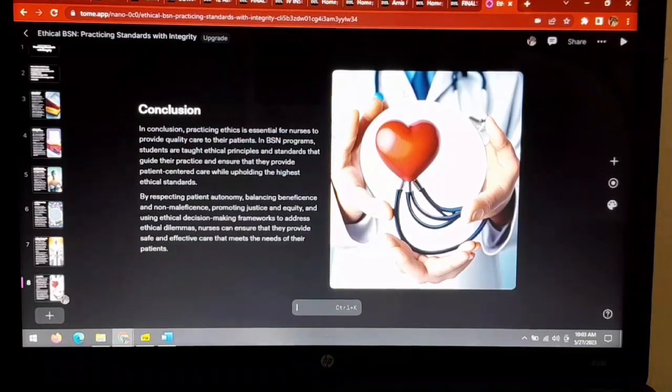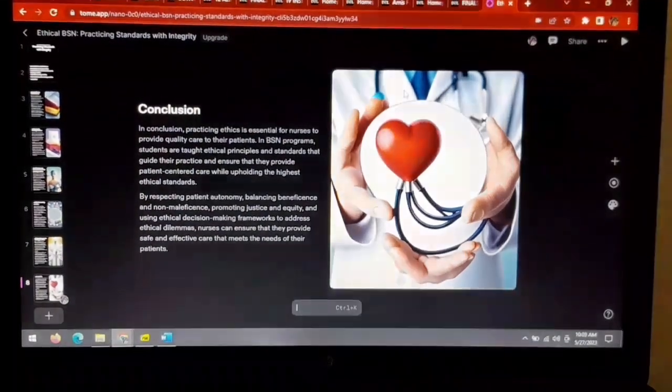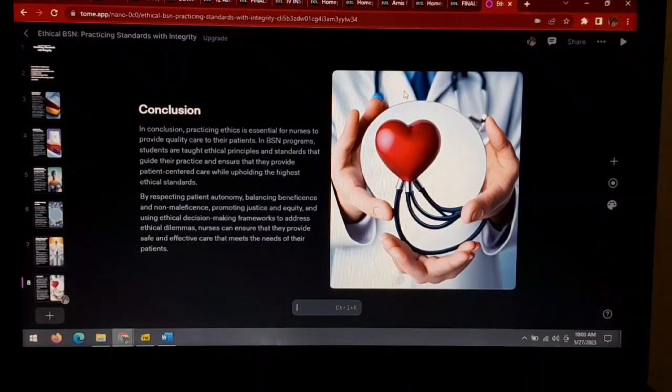By respecting patients' autonomy, balancing beneficence and non-maleficence, promoting justice and equality, and using ethical decision-making frameworks to address ethical dilemmas, nurses can ensure that they provide safe and effective care that meets the needs of their patients.